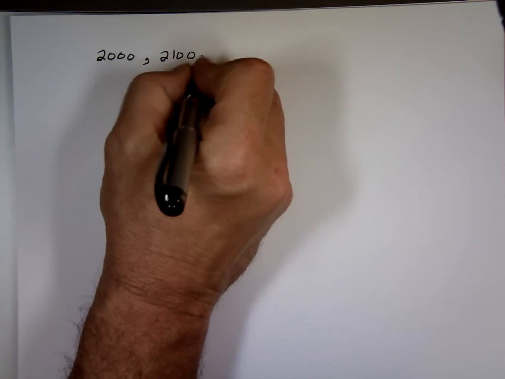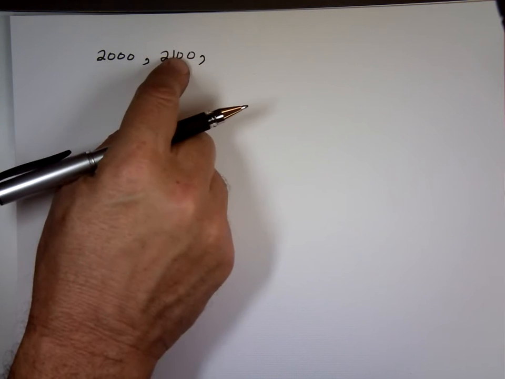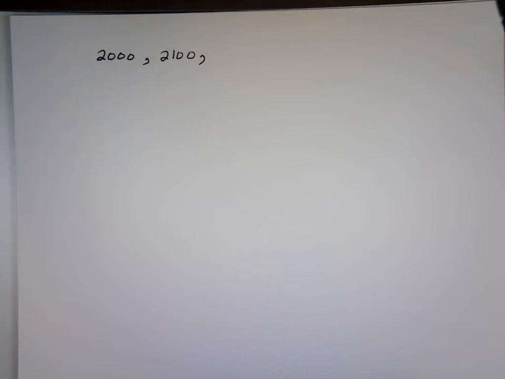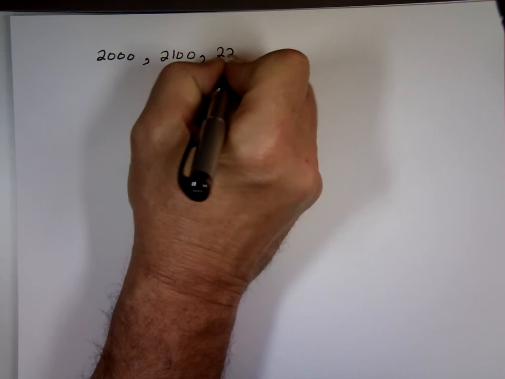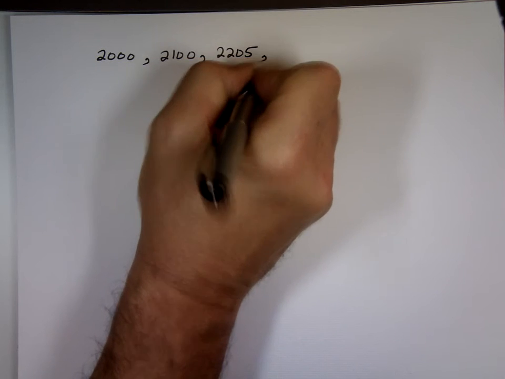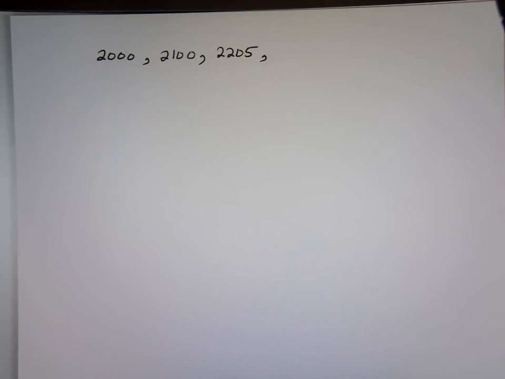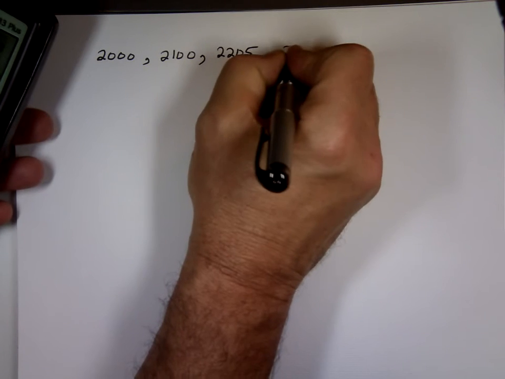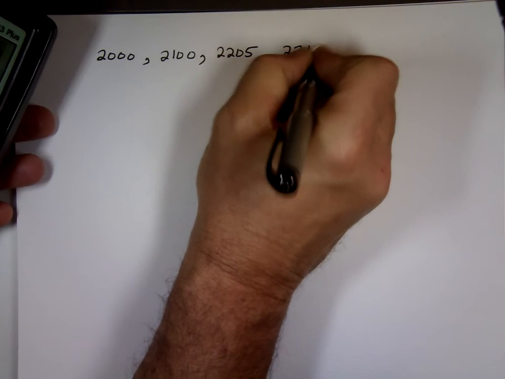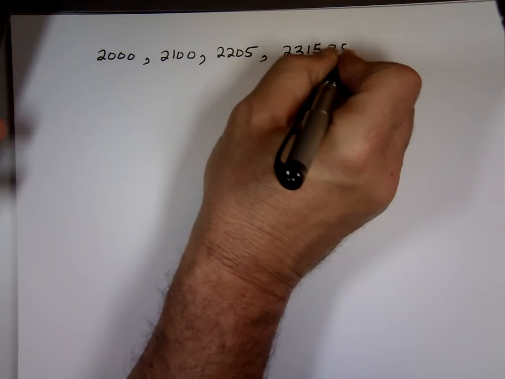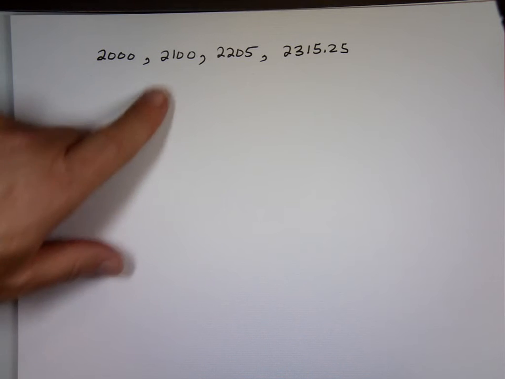The year after that, you get 5% interest on this: 2,205. Then next year, you get 5% on that, which is 2,315.25.